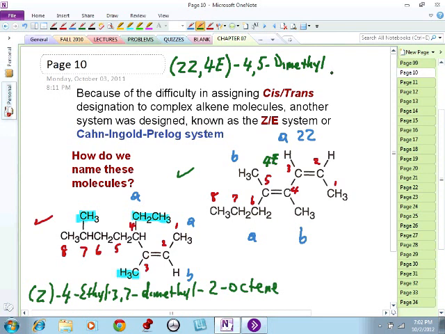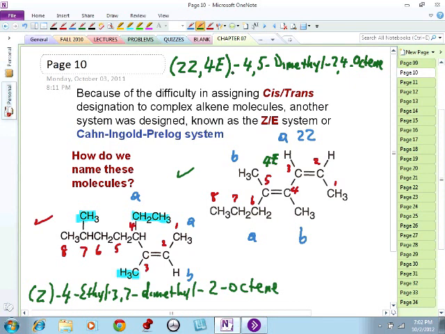You also need to indicate the position of the double bond. You follow that? So now I could give you this name and say, give me the structure.